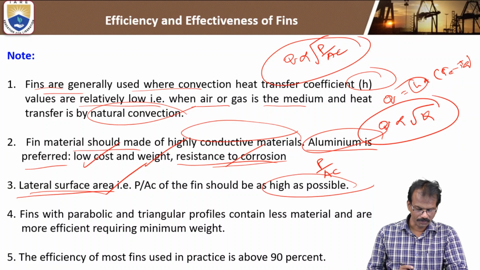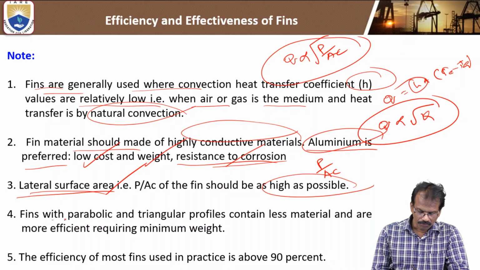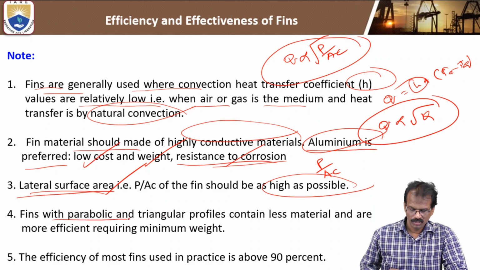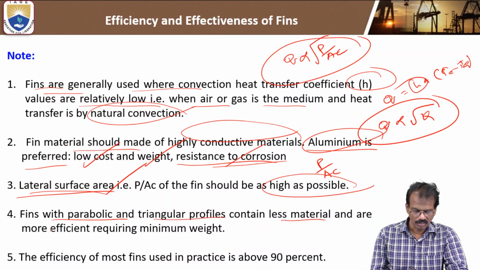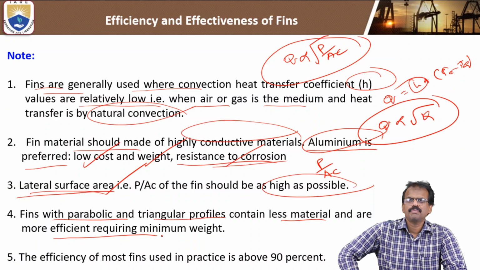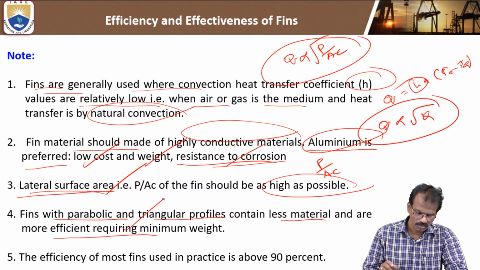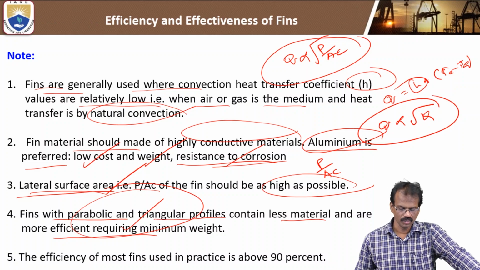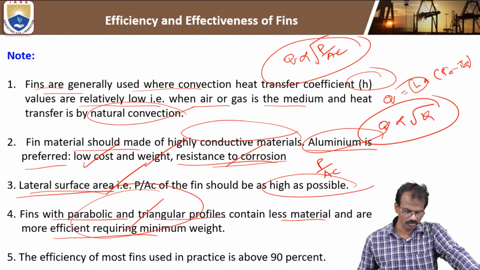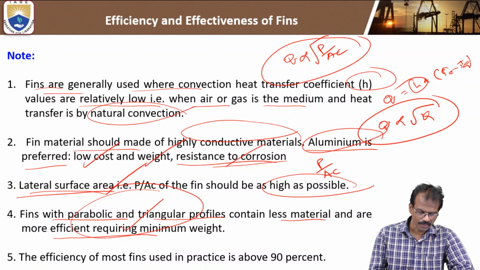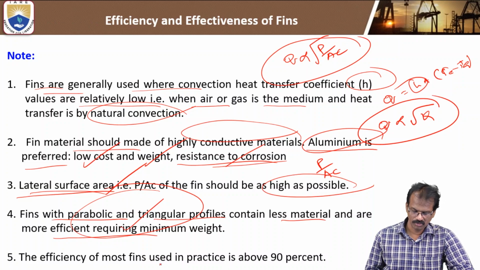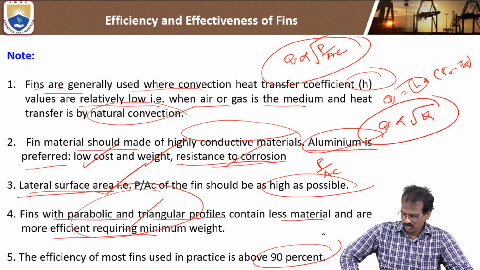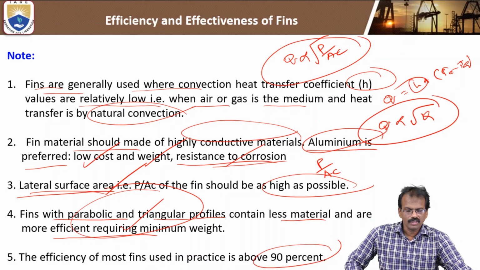Fins with parabolic and triangular profiles contain less material and are more effective, requiring minimum weight. So this type of geometrical profile of fins also influences performance, and you can prefer those fins also. The efficiency of most fins used in practice is 90%. These are the important points regarding the fins.